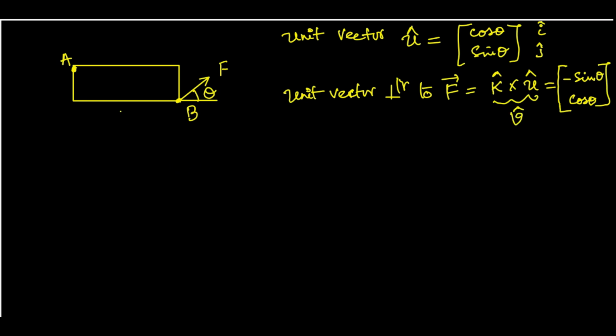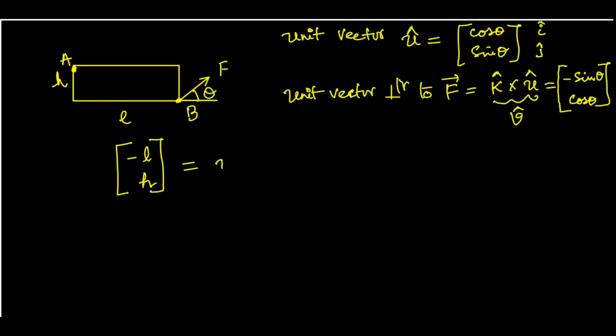Okay, so now this is, we said L and H. Now the vector from B to A is minus L in the I direction, H in the J direction.